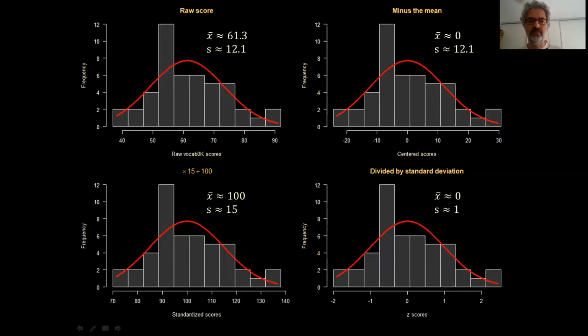So someone who was 1 standard deviation above the mean is now 15 above the mean because we multiplied everything by 15. Someone who was 2 standard deviations below the mean is now 2 times 15, that's 30 below the mean. 30 below 100 is 70. Someone who had exactly average performance would be at 100.